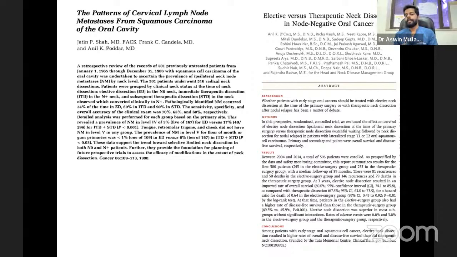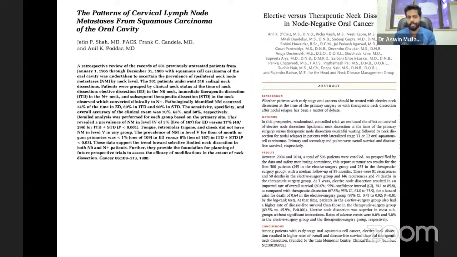He did a study of elective versus therapeutic neck dissection in node-negative cancer. Elective neck dissection means you are doing a neck dissection upfront, without seeing the nodal status. Therapeutic means at a later stage, if you encounter a nodal relapse and then go for neck dissection.